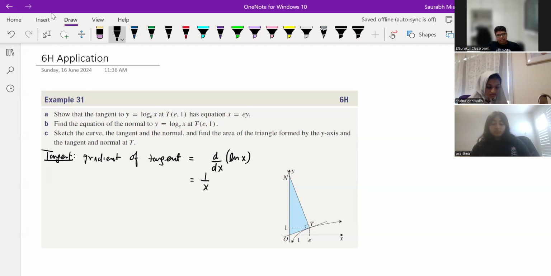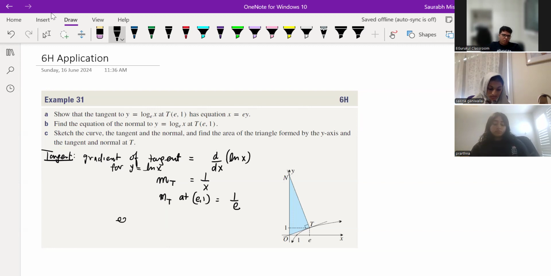And I'm calling it gradient m of a tangent. So gradient of a tangent for curve ln x, that is a gradient. Now gradient at e comma 1, isn't it? That will be 1 by e. Clear? So at the point t, the gradient of the tangent is 1 by e.